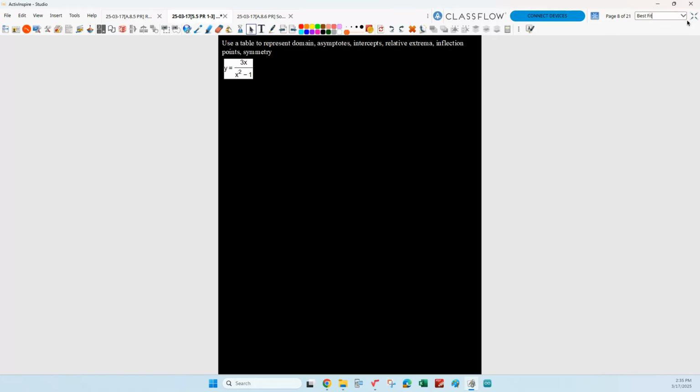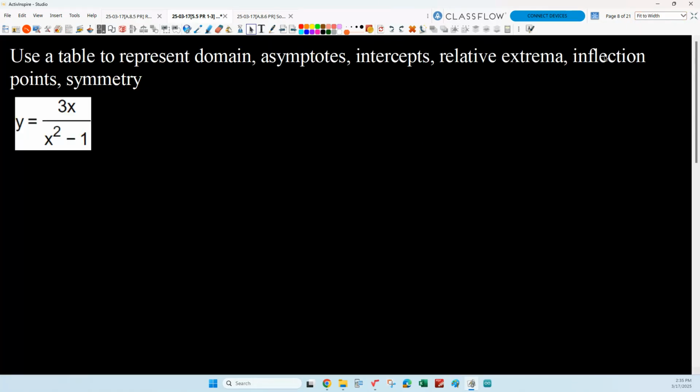Okay, what about this guy? Symmetry. What's the symmetry going to be? I think it does have symmetry. What kind? Odd, how come? Okay, so there's two ways to think about it.